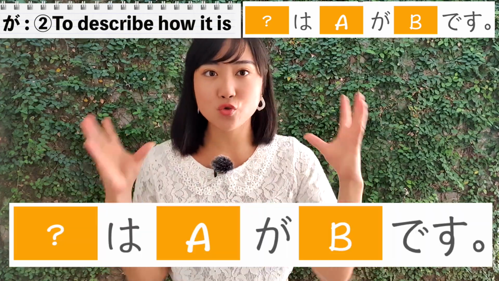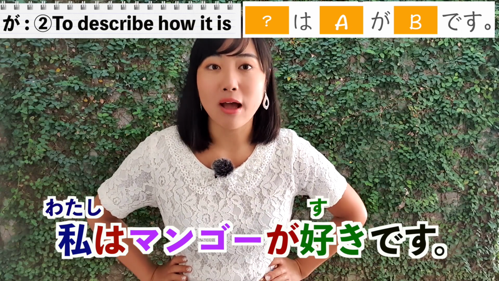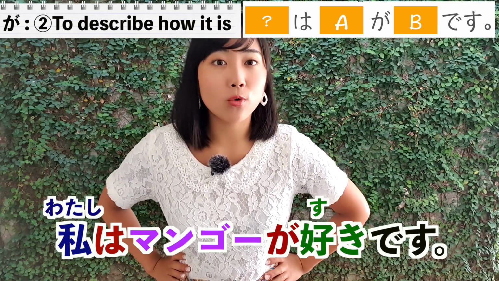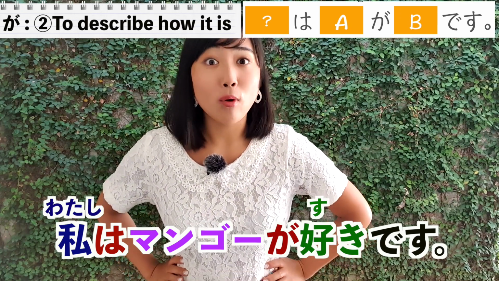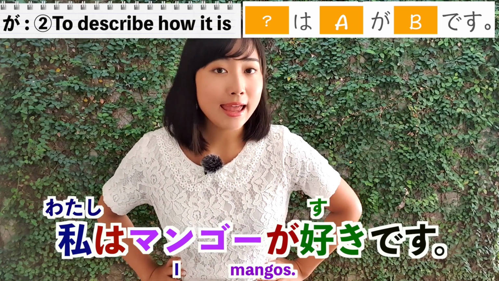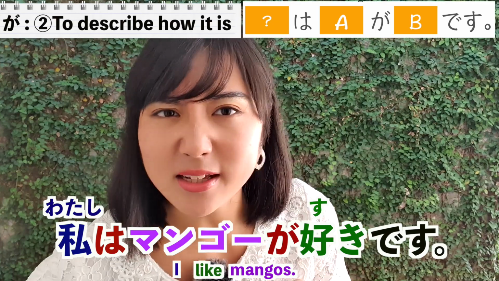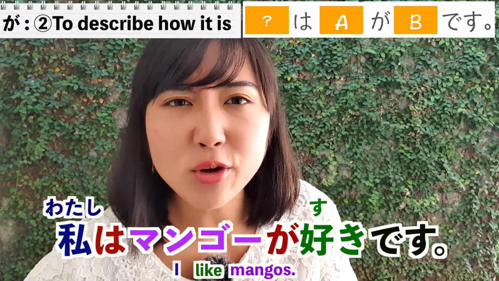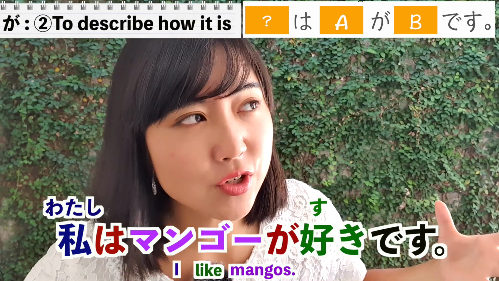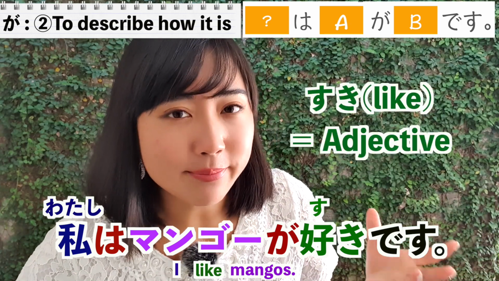Also, in this structure, you can say 私はマンゴーが好きです。私 is I, mango is mango, and 好きです means like. Oh, wait a minute. Like is verb. So why are you mixing adjectives and verbs? Actually, 好き is adjective in Japanese language.